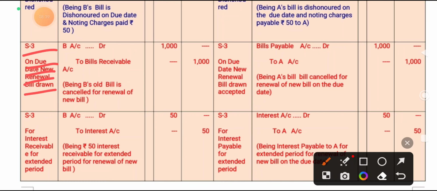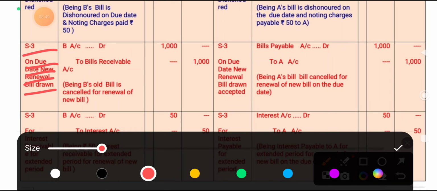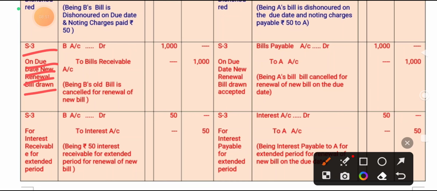If A accepts his request, then he will cancel the old bill. First, when there is renewal, you should understand, first thing that happens is the old bill gets cancelled. So on the due date, renewal of new bill, first we need to cancel the old bill.